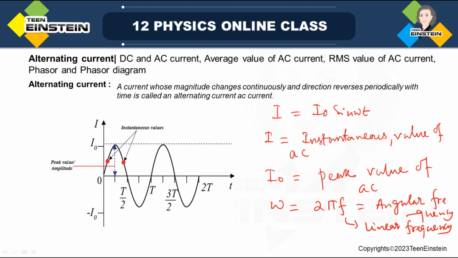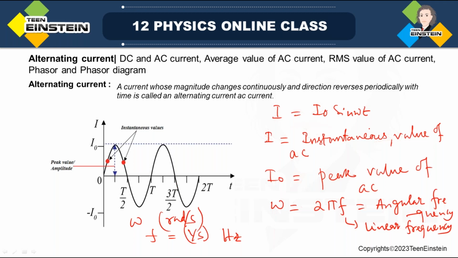These two actually have different units. When we write omega, its unit is radian per second. But for f, we write per second, or hertz.